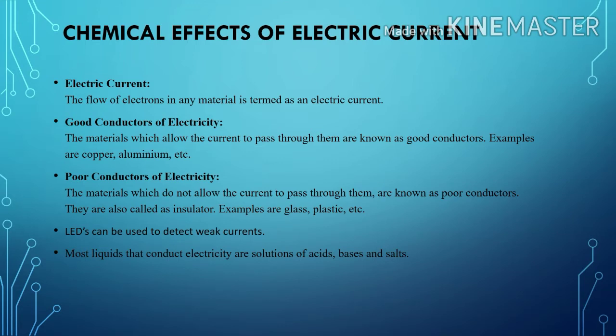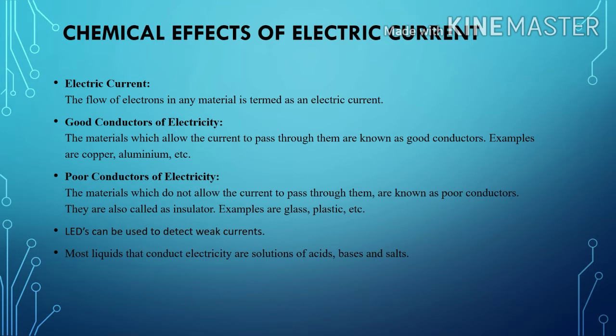The materials which allow the current to pass through them are known as good conductors of electricity, for example, copper, aluminium, etc. And the materials which do not allow the current to pass through them are known as poor conductors, for example, glass, plastic, etc. They are also known as insulators.